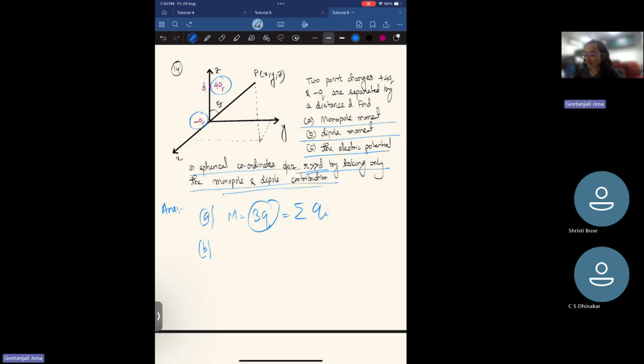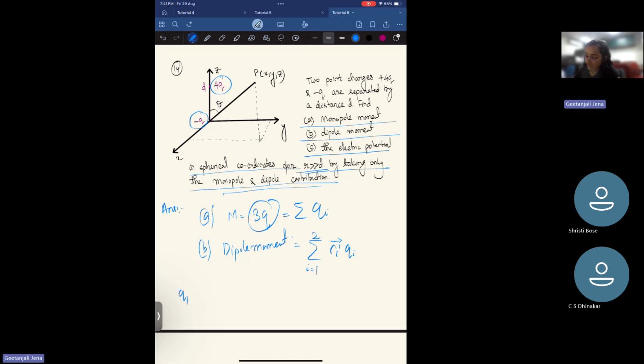And dipole moment. For the dipole moment, you need to find R prime. So this is the summation of Ri prime vector and Qi for i from 1 to 2.